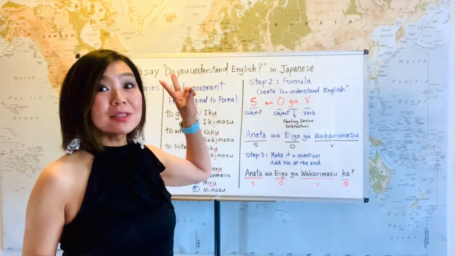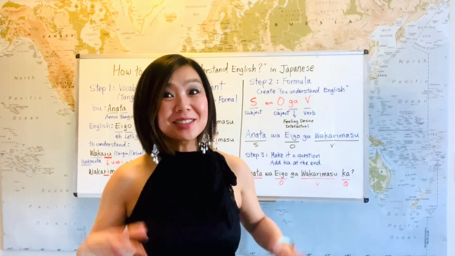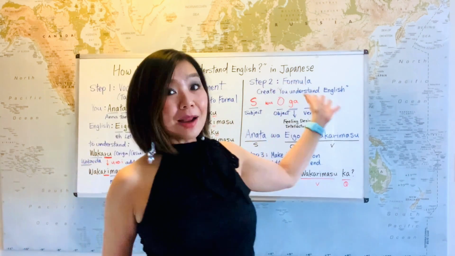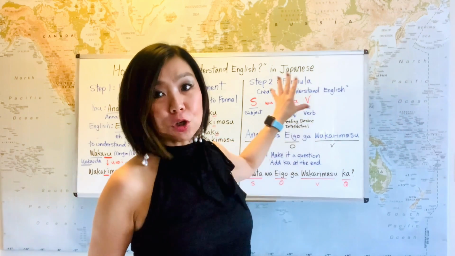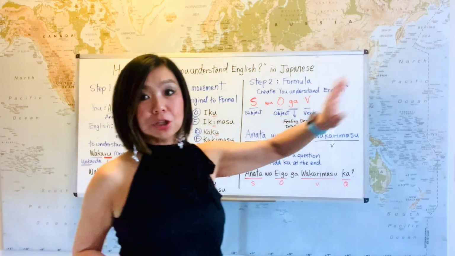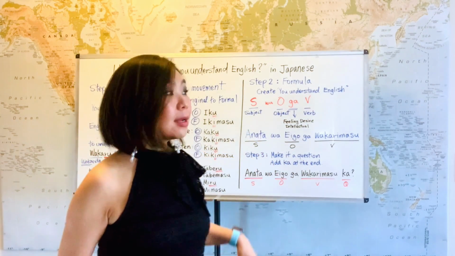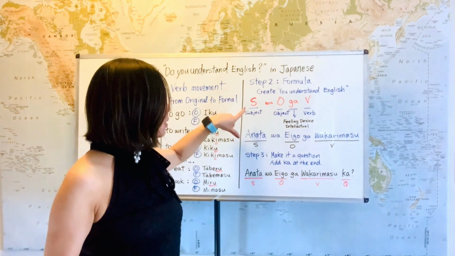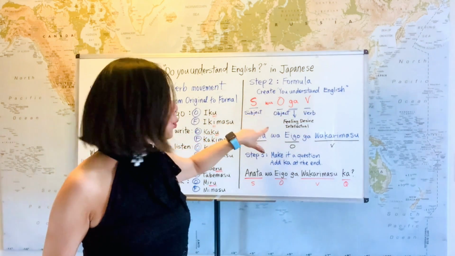Now, let's move on to step 2. We're going to learn some formula. So, we're going to now create you understand English. So, this is not a question. It's just a regular sentence. Okay? You understand English. The formula we're going to learn is S wa O ga V. S is subject. Wa is a bridge word.